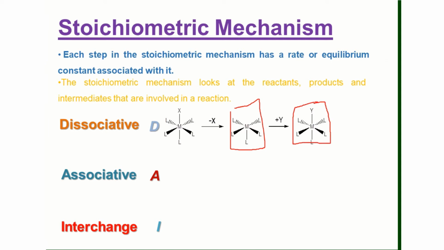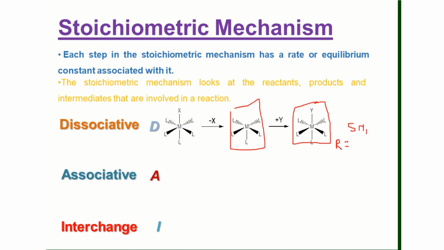So this now corresponds to an SN1 mechanism, the SN1 mechanism of nucleophilic substitution in organic chemistry. And then the rate of reaction depends on the slow step.